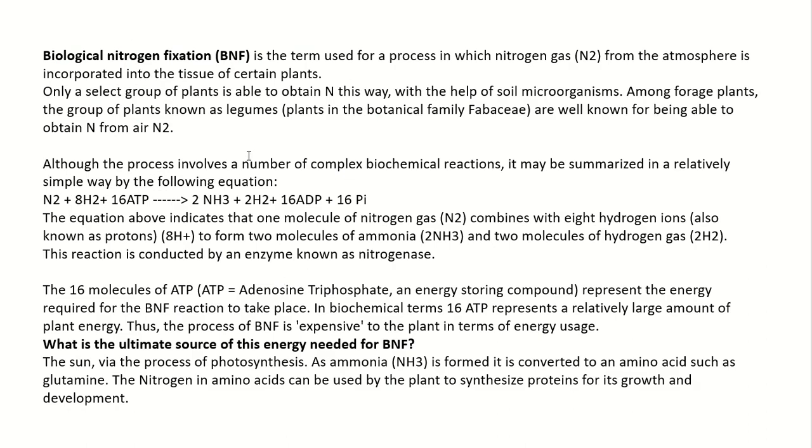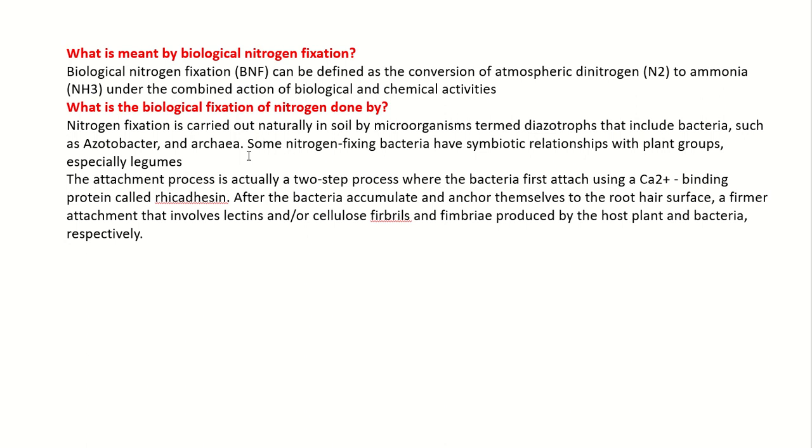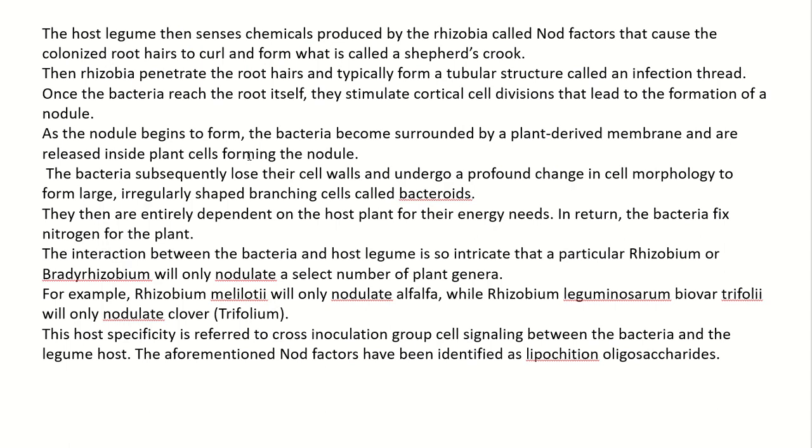One has to understand how biological nitrogen fixation is ultimately possible: conversion of atmospheric dinitrogen into ammonia, and finally soil bacteria convert it into nitrites and ultimately nitrates. So Nitrosomonas and Nitrobacter, both are required. So this is all about the legumes.